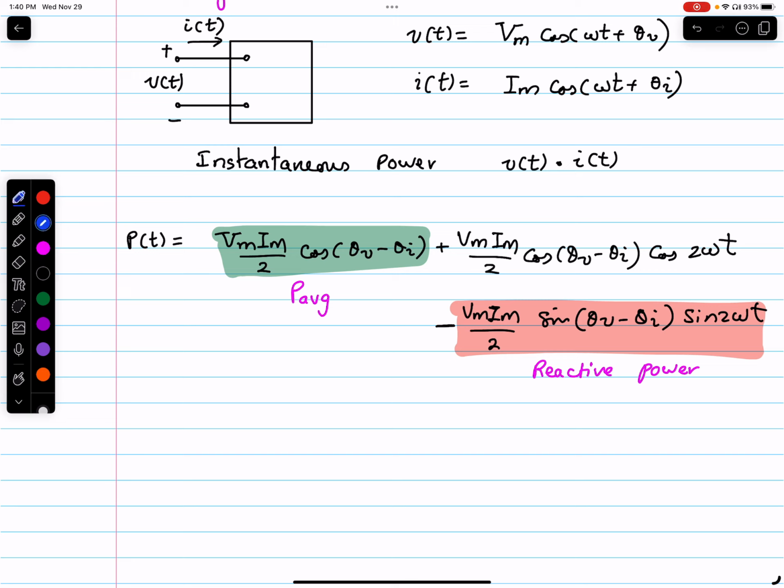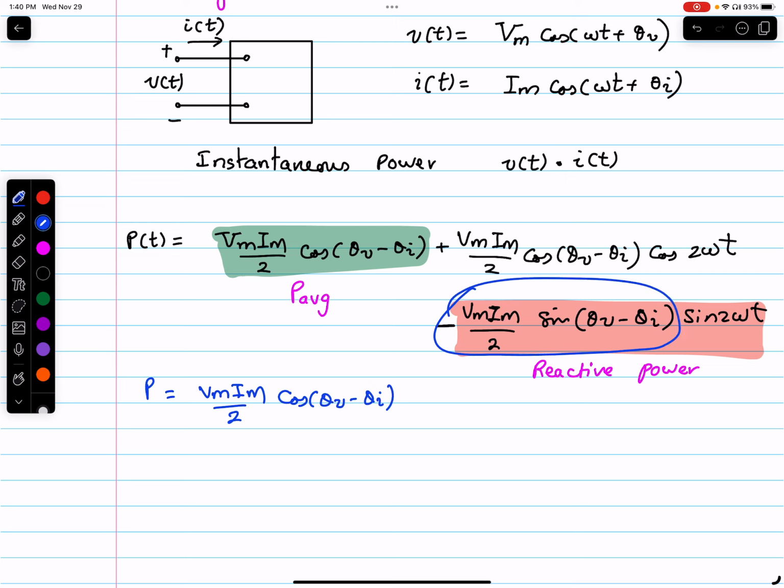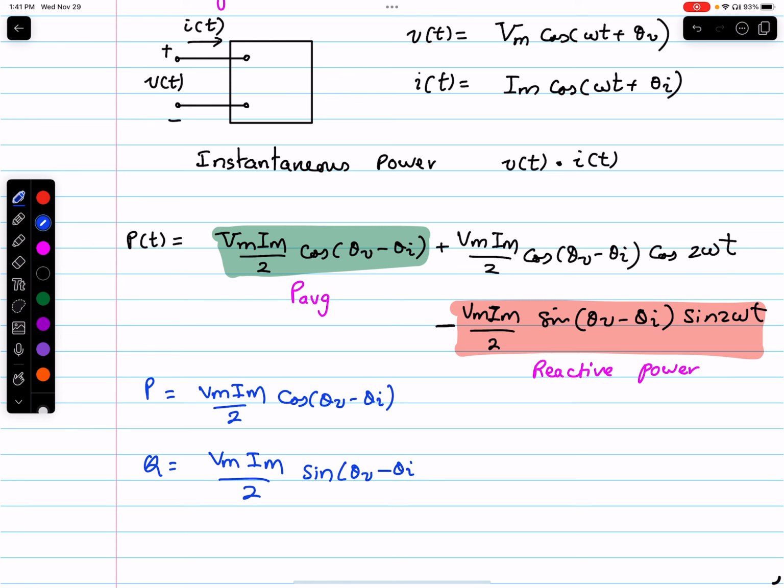If I call P is Vm Im over 2 cosine(theta v minus theta i). So all of this I'm going to call P. And the other term, just this guy, I'm going to call Q. Okay, Q is Vm Im over 2 sine(theta v minus theta i).